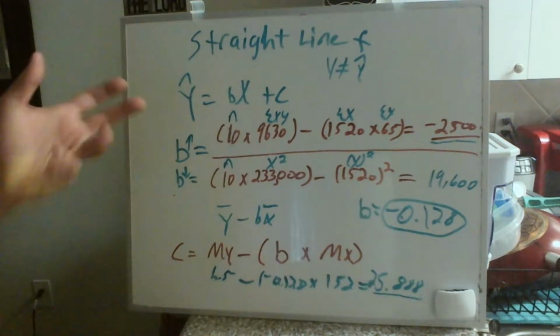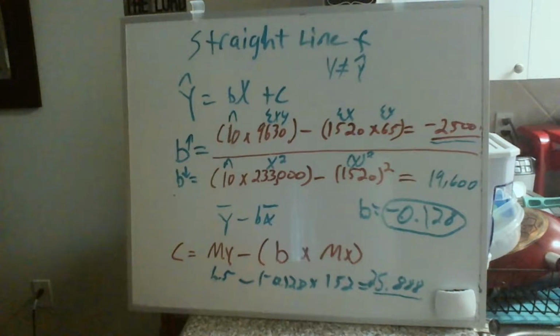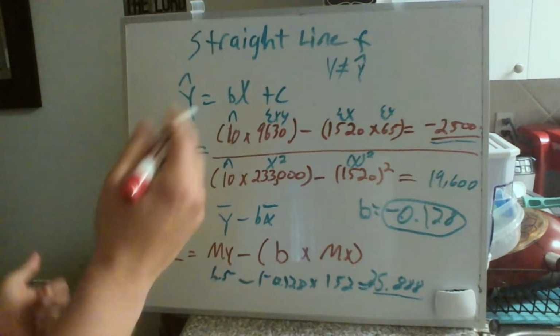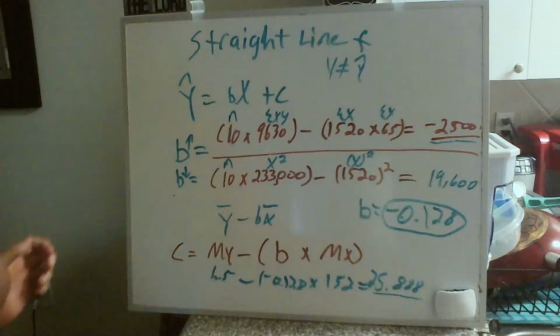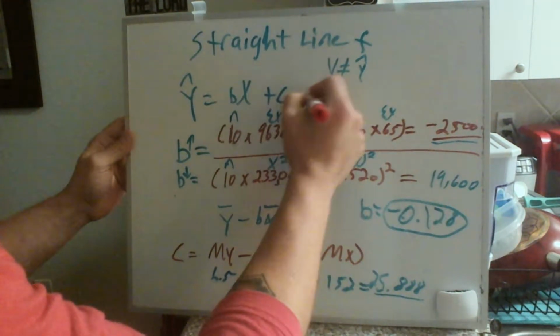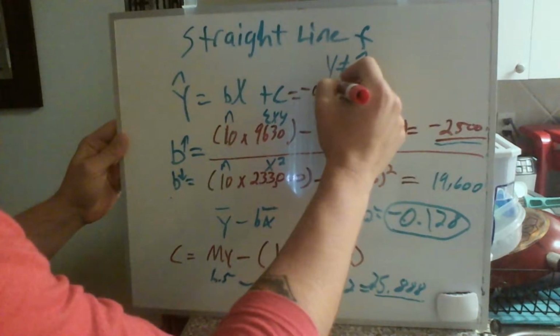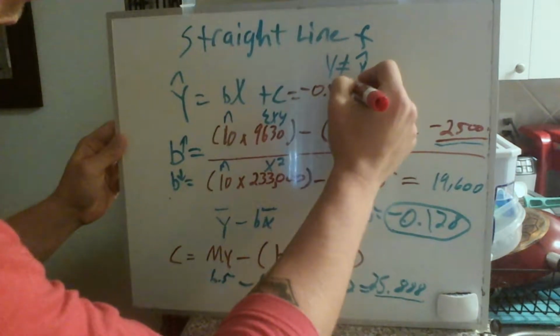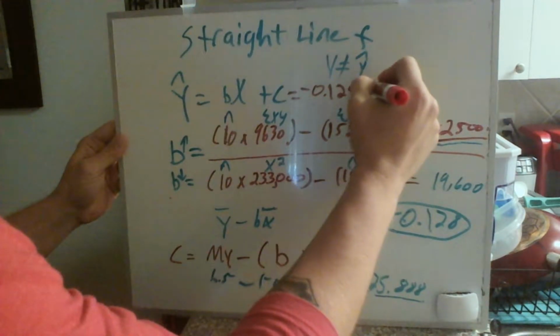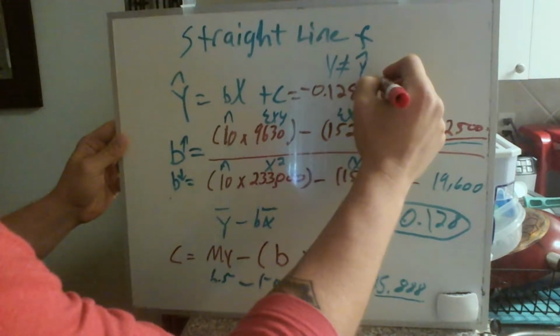And so we've moved back over to y equals bx plus c, right? Let me change colors. So our y hat, now we have our b value of negative 0.128 times any x value.